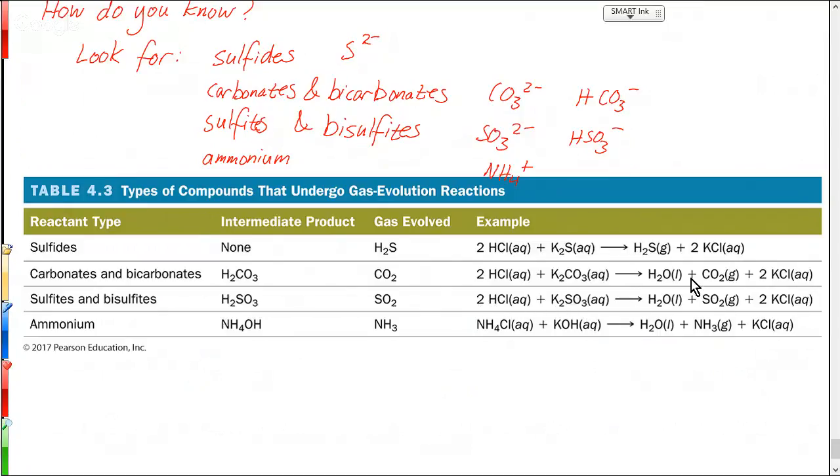If they're reacting with acid, they're going to form SO2 instead of CO2. And then ammonium, when you form ammonium hydroxide by reacting with hydroxides, that will actually decompose into ammonia gas. So those are the examples of compounds that undergo gas evolution. Again, as you practice this in lab tomorrow, there's going to be a lot of equations to write, and you'll see this.